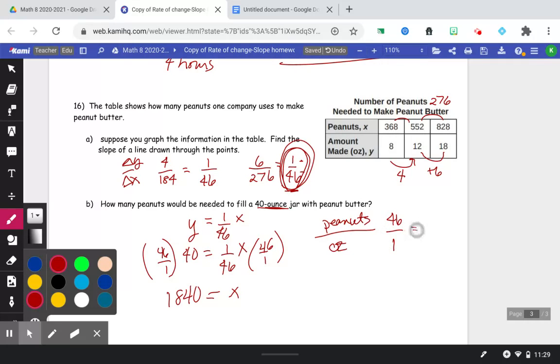Well, this is asking, well, what if I want 40 ounces? How many peanuts would I need? And now you could multiply and get 1,840 peanuts. Okay? All right, I hope that helps with any questions that you may have.